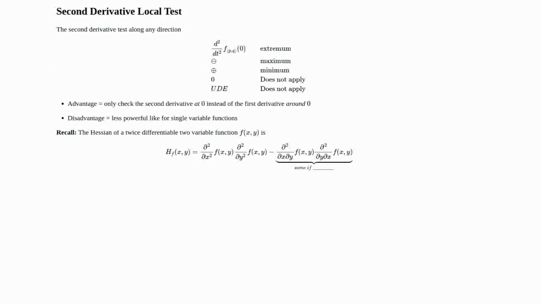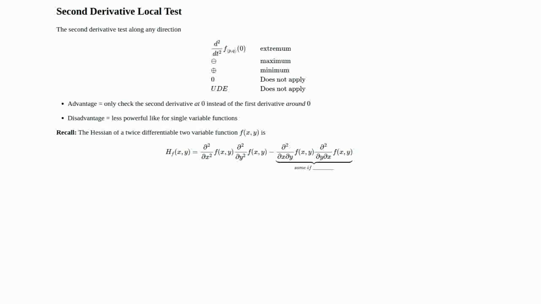Moving forward with the second derivative test, we recall the Hessian of a twice differentiable function f. The Hessian of f at (x, y) is the product of the normal second partial derivatives minus the product of the two mixed partial derivatives.